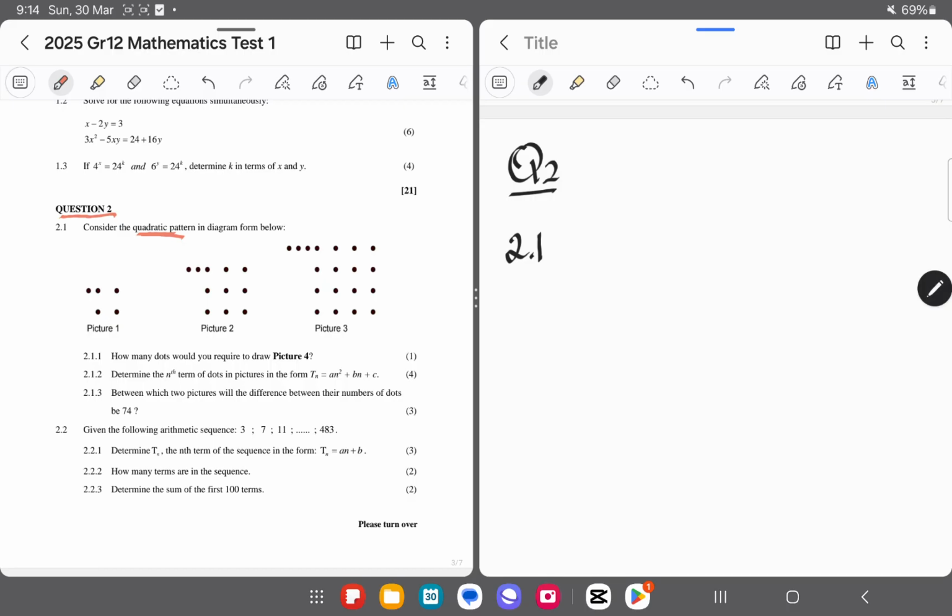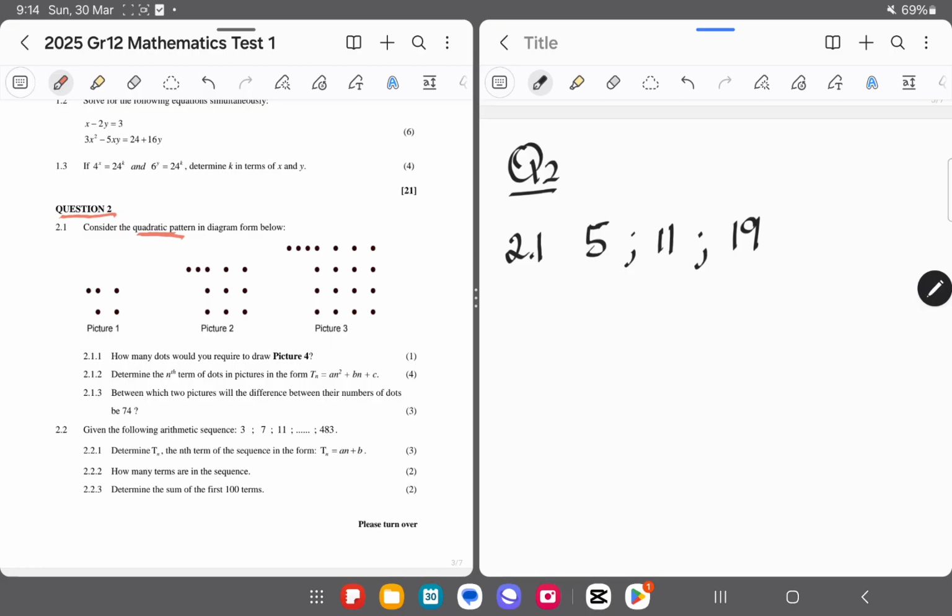We have 1, 2, 3, 4, 5 in picture 1, and in picture 2 we have 3, 6, 9 plus 2, which gives you 11. Then picture 3, this is 4, 8, 12, 16 plus 3, this is 19.